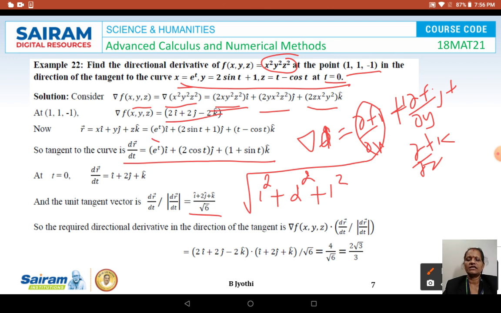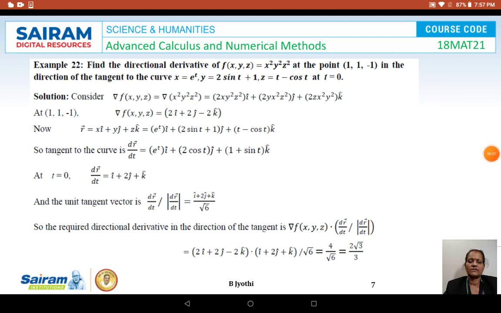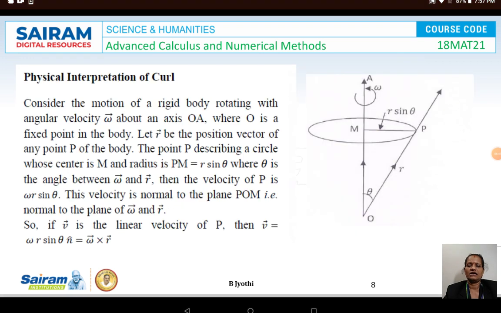The required directional derivative in the direction of the tangent is del f dot dr by dt divided by modulus of dr by dt. Taking the dot product, (2i plus 2j minus 2k) dot (i plus 2j plus k) divided by root 6 gives 2 root 3 divided by 3, or 2 by root 3. We can cancel it and give the answer.